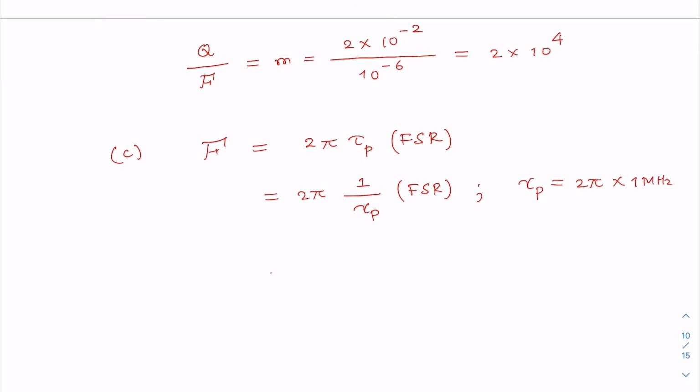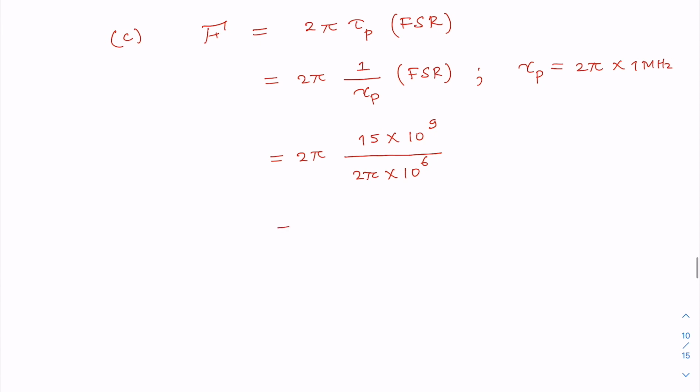So if I put the parameters in the formula, I will get 2 pi over gamma p, which is 2 pi times 1 megahertz, that is 10 to the power 6 hertz, and free spectral range we have already calculated, that is 15 gigahertz, so 15 times 10 to the power 9. So you will see we'll get it as 15 times 10 to the power 3, or simply 15,000. That is the finesse. Now let us go to the fourth part.